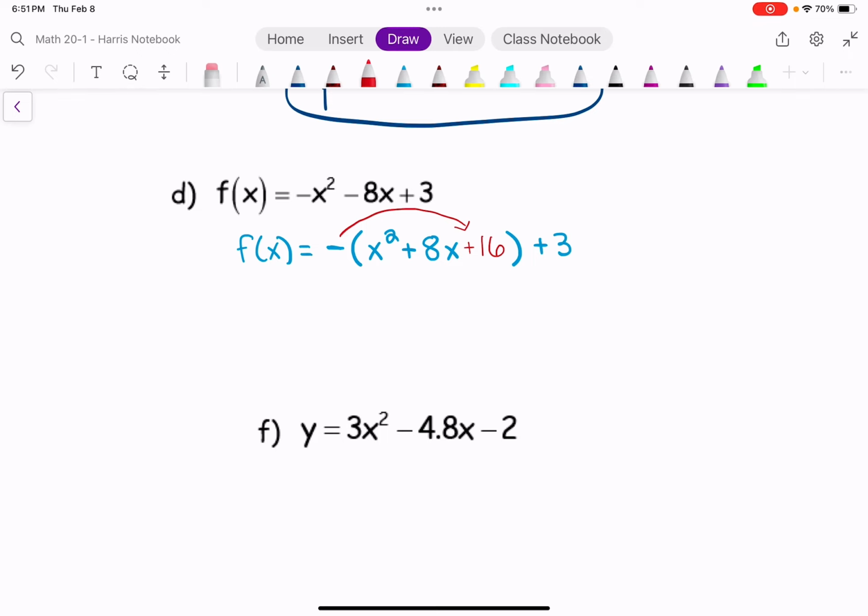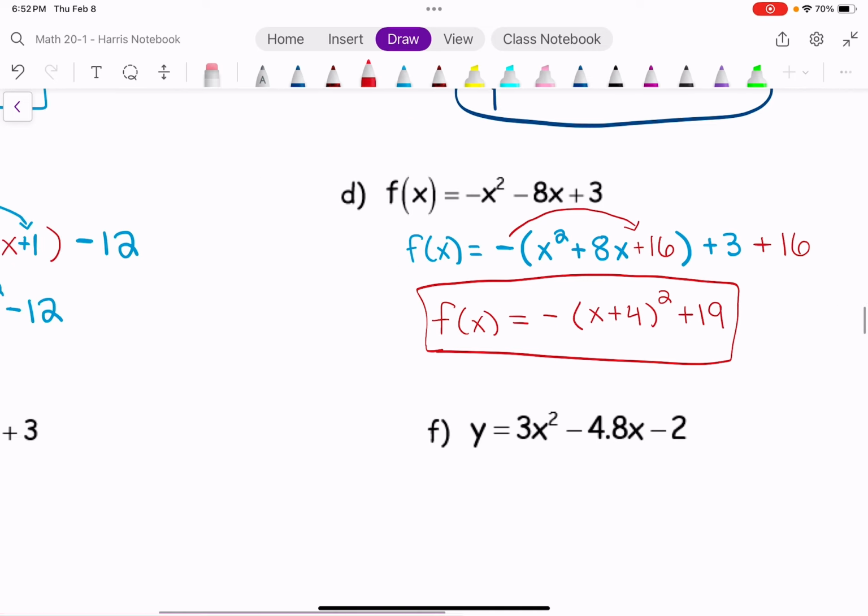So that means that if I'm adding a negative, I just want to add my 16 out here. So then I'm going to cancel that transaction out. So my final answer is going to be f of x is equal to negative, my perfect trinomial is x plus 4 squared, and then 3 plus 16 is a positive 19.